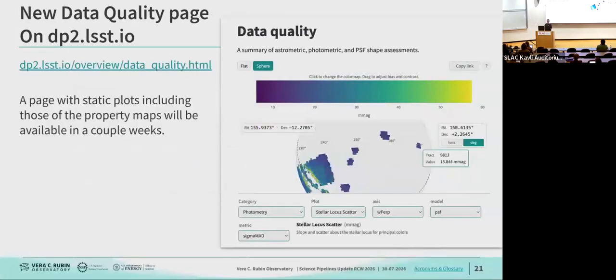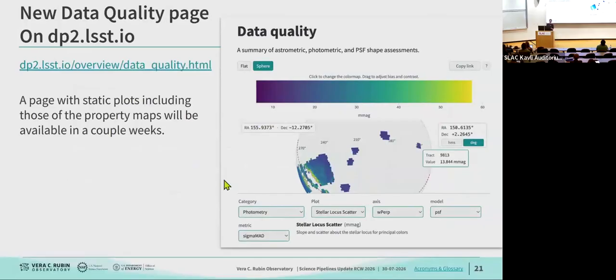Something new in dp2.lsst.io is our data quality page. You can now go and pick some of your favorite metrics from drop-down menus and see them per tract over the regions that have been coadded.